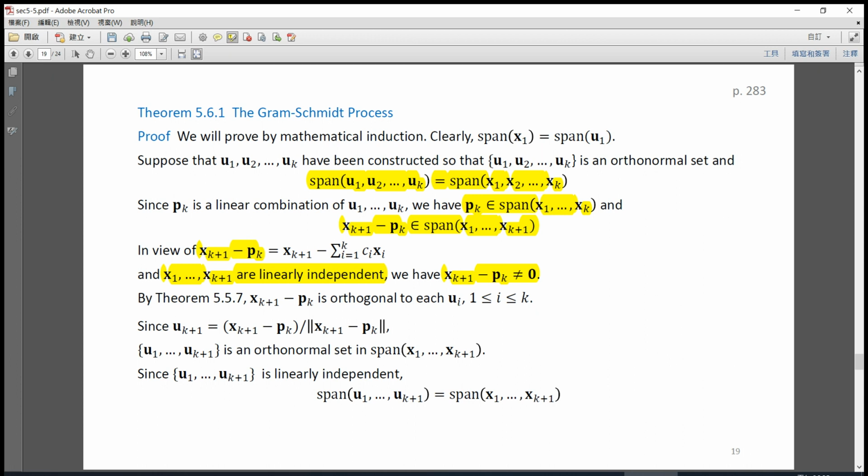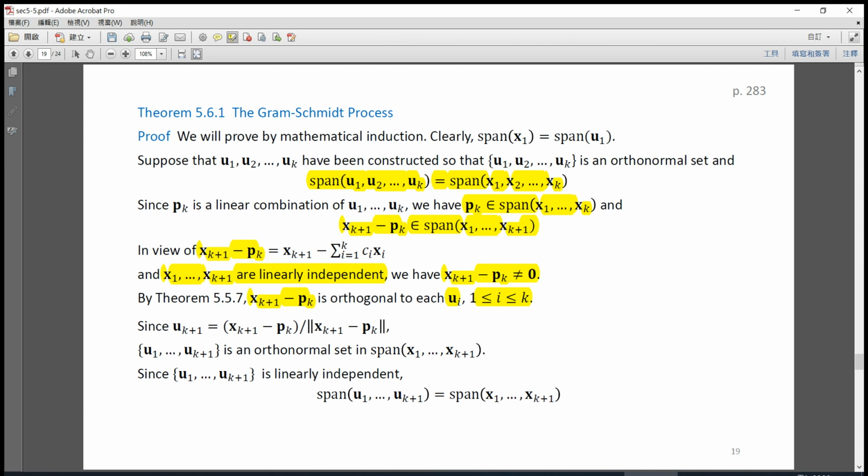And we also have xk plus 1 minus pk is orthogonal to each ui for i from 1 up to k. This is because xk plus 1 minus pk is orthogonal to the span of u1, u2, up to uk, and this condition implies that it is orthogonal to each ui for i from 1 up to k.